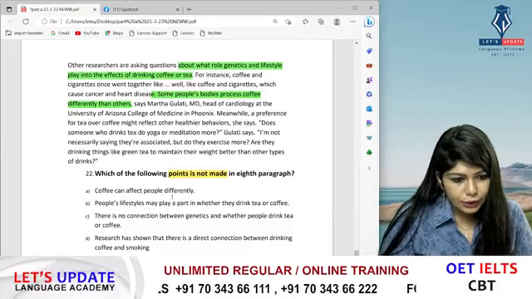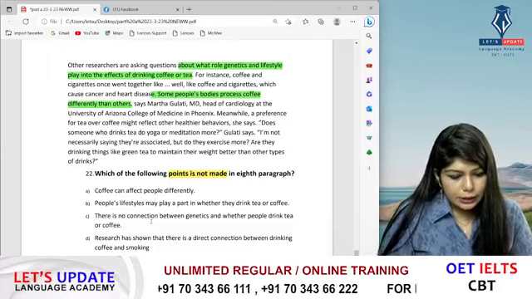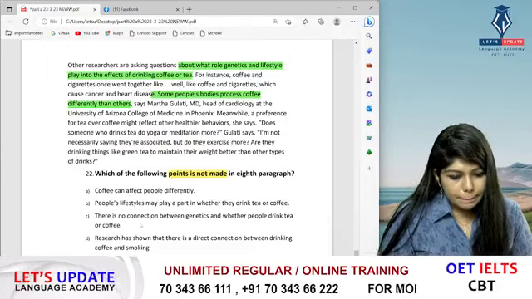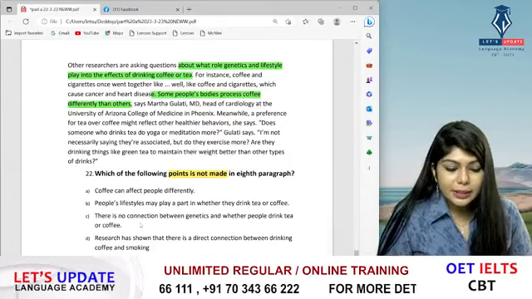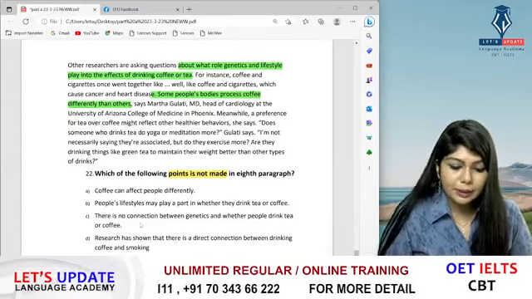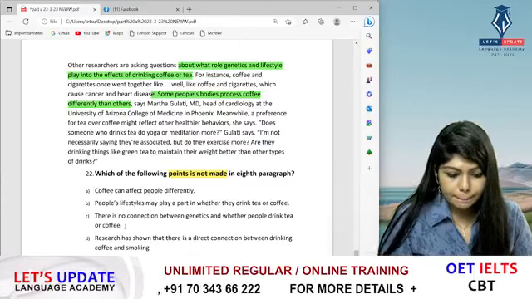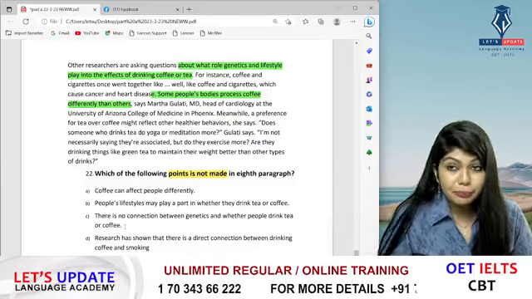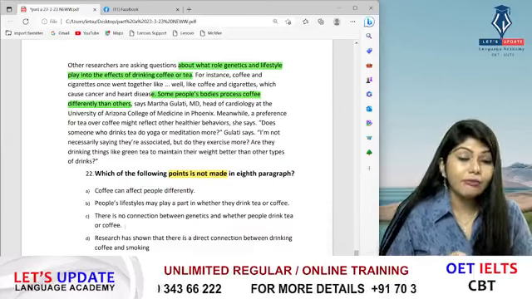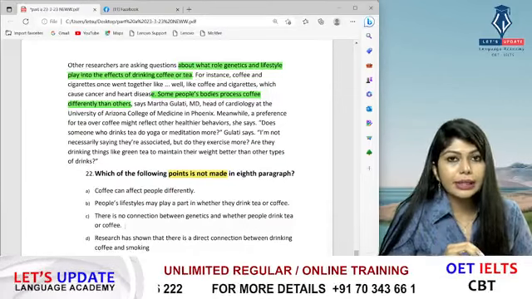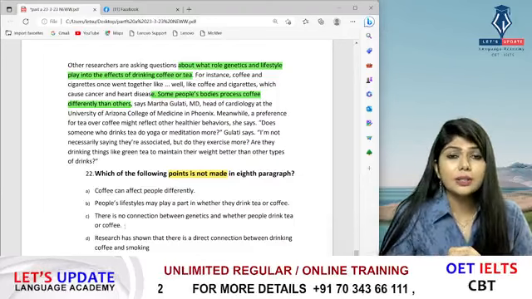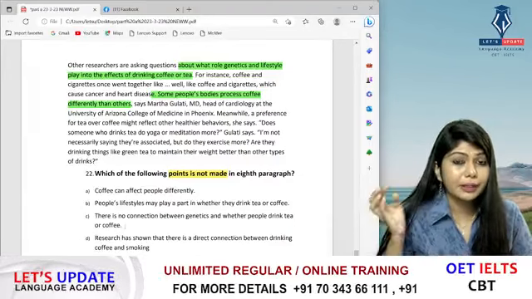Okay, so look at option C. There is no connection between genetics and whether people drink tea or coffee. Is that mentioned? That is something that is not mentioned. They have not given any confirmation that there is no connection or association between genetics and whether people drink coffee or tea.